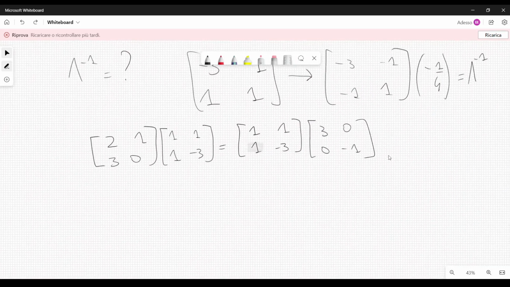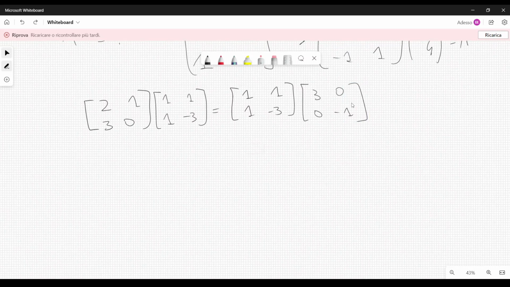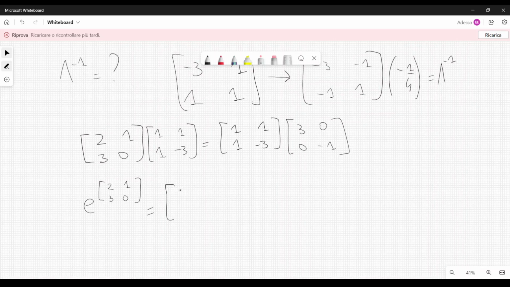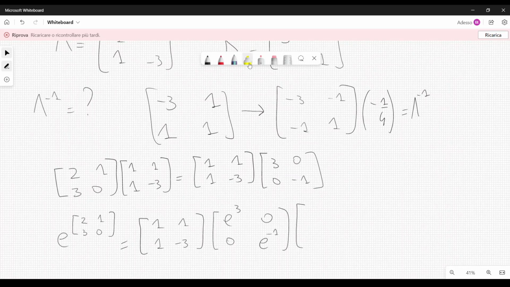And therefore, now we are ready to calculate the exponential of our matrix A, the exponential of 2, 1, 3, 0, which is equal to the matrix lambda, which is 1, 1, 1, -3, and then we have to exponentiate this diagonal matrix, which is easy to do. So we have e to the third power, 0, 0, e to the -1, and then I multiply this by lambda inverse, which is this expression here, and I can rewrite it by multiplying this factor with all these elements.